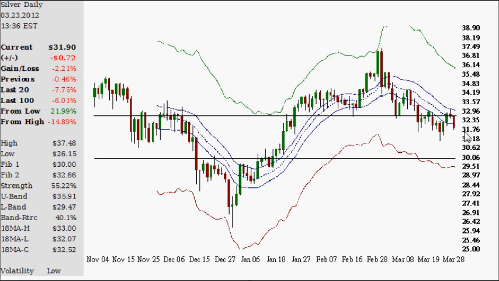After all, if it goes down another couple dollars, that's about a 6% gain, or loss, but a 6% addition within the amount of silver that you'd be able to get because of that weight.